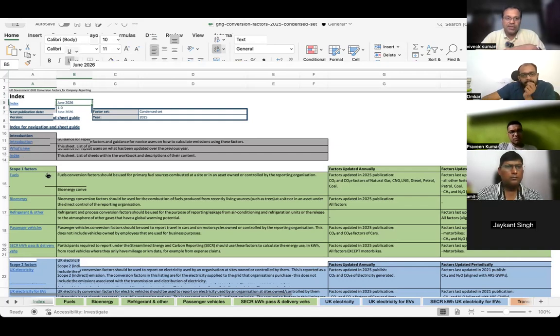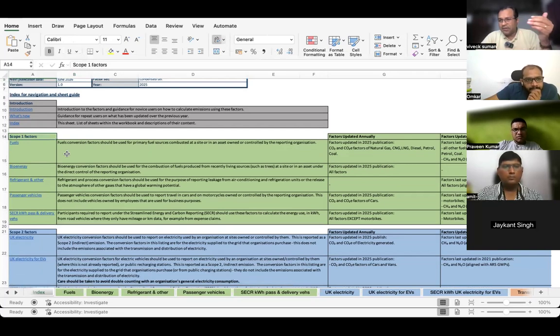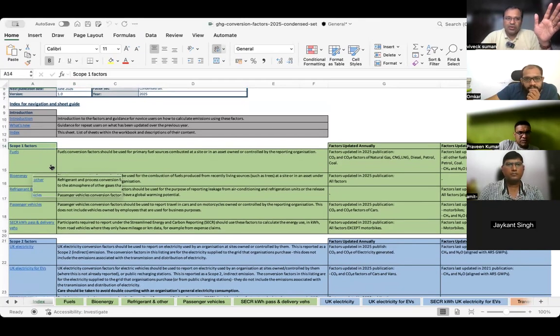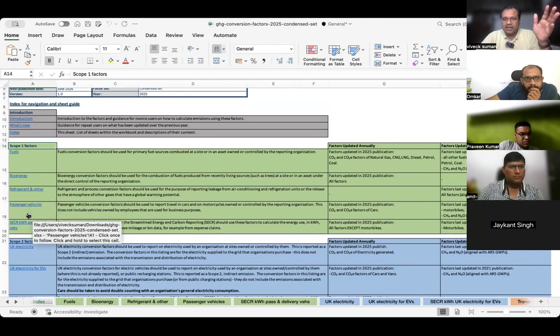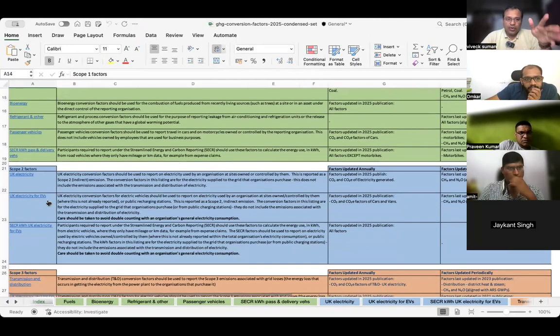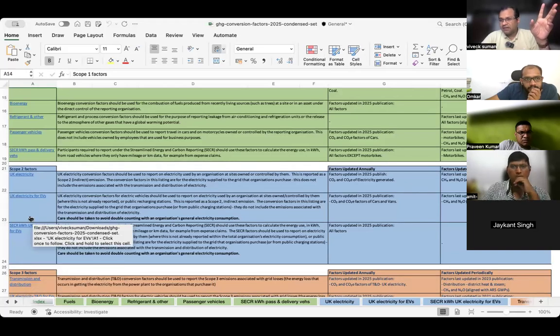What I told you guys is, if I am looking at heavy vehicles, upstream transportation, meaning bringing raw material to my office, in that case, can it be scope one? Absolutely not. Nothing will come under scope one, because we are not talking about fuel, bio energy, refrigerant, passenger vehicles, or SCCR. Will scope two come in? Electricity is being discussed, and they are very clear, it's UK electricity.